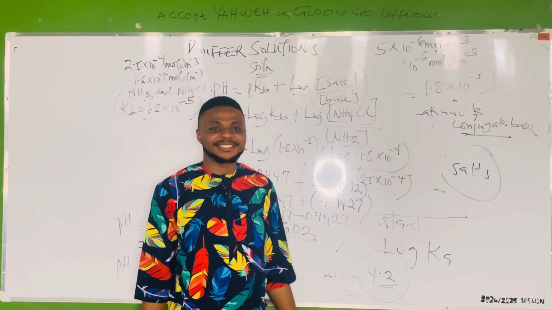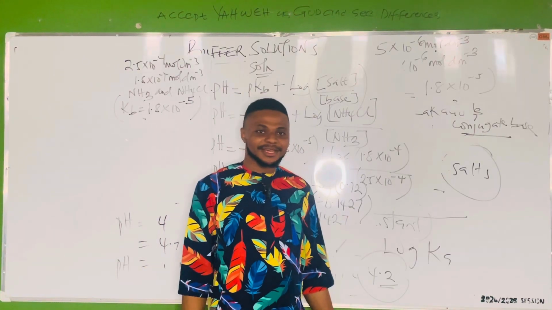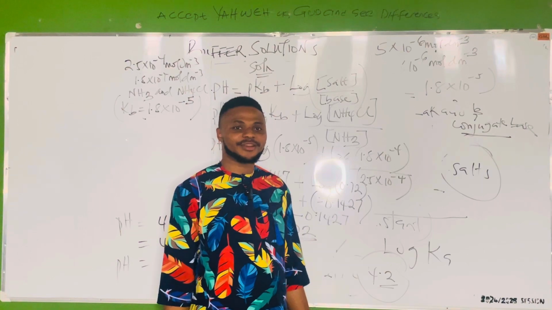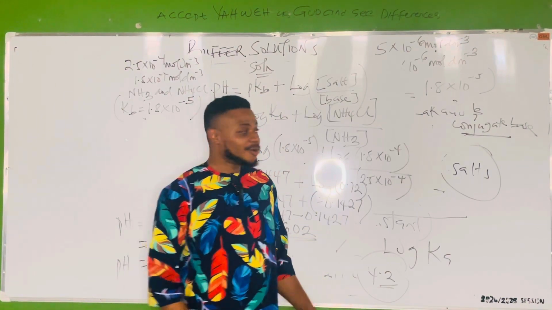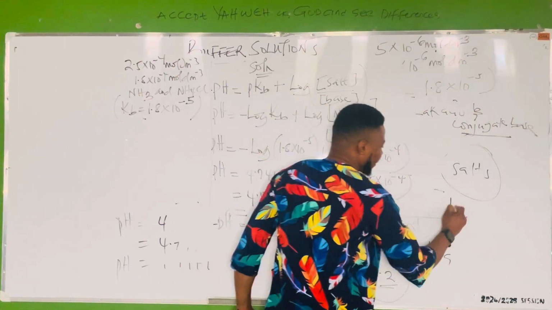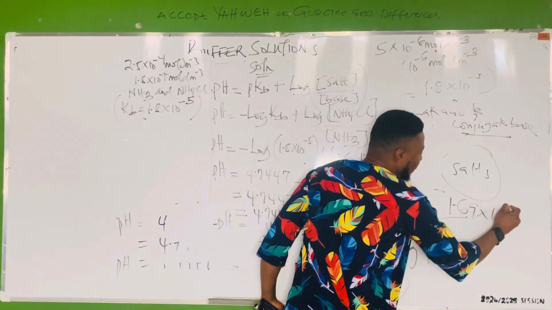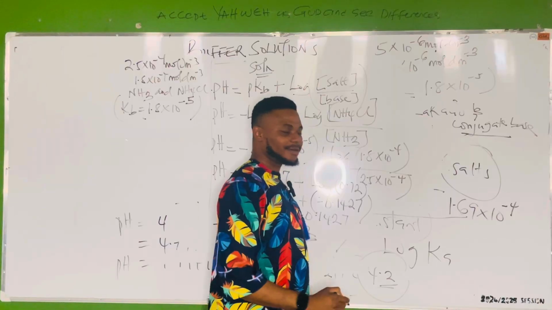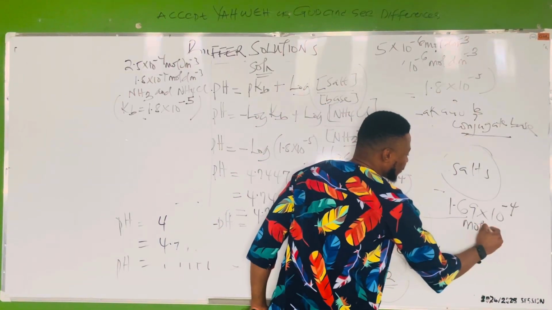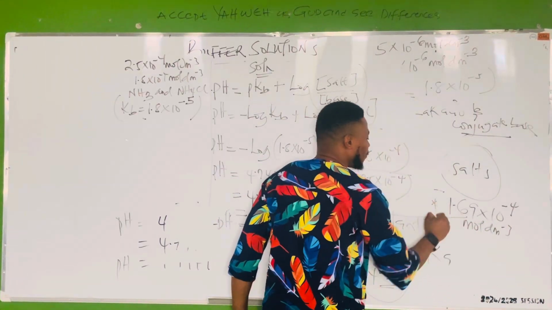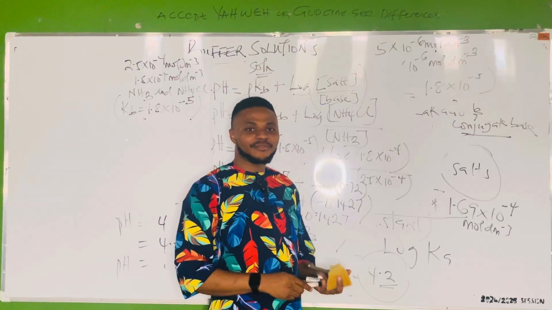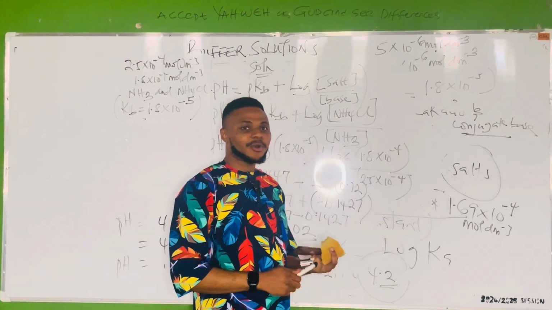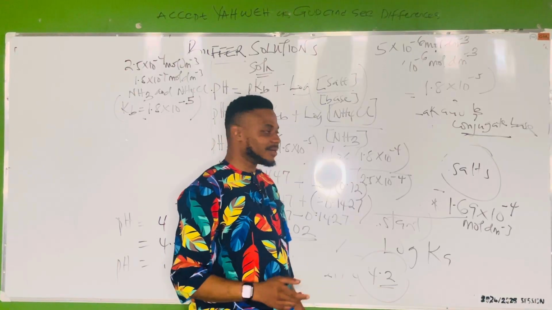Given that the concentration of a formic acid sample is 1.69 times 10 raised to power minus 4 mole per dm cube, determine the concentration of its conjugate base.